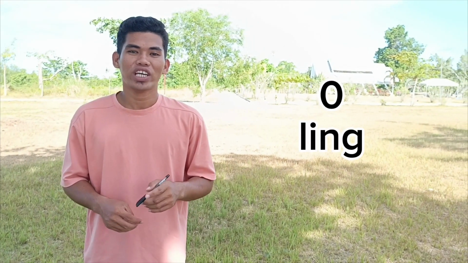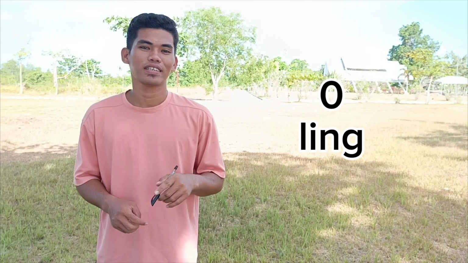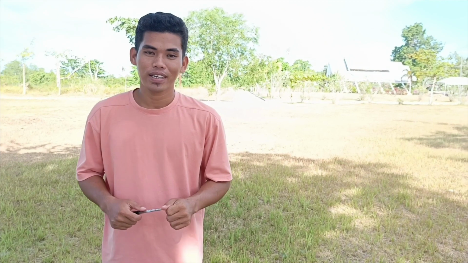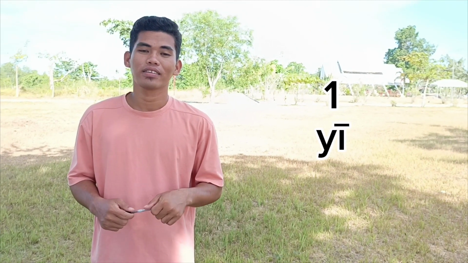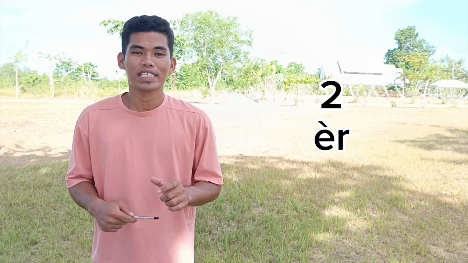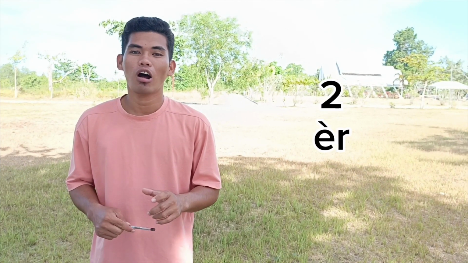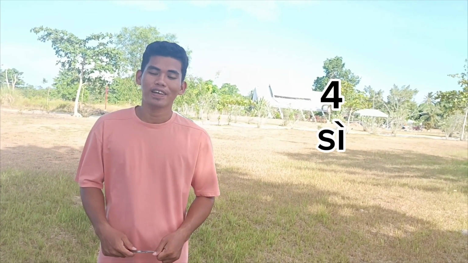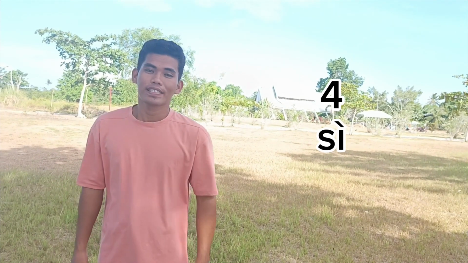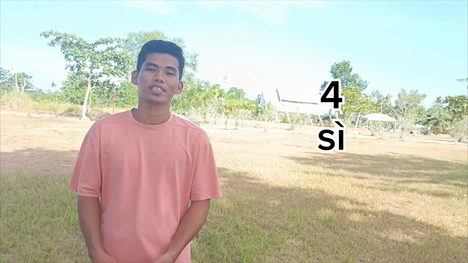So 0 in Chinese is liang. Next we have 1. 1 is yi. 2 is r. 3 is san. So the next one is the number 4. Number 4 in Chinese is se.